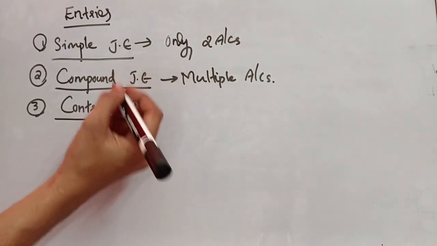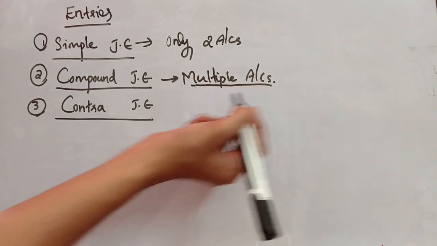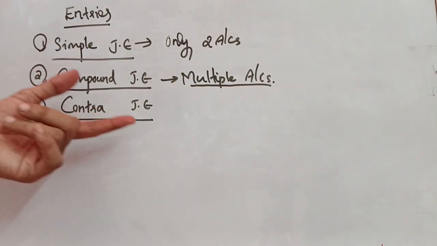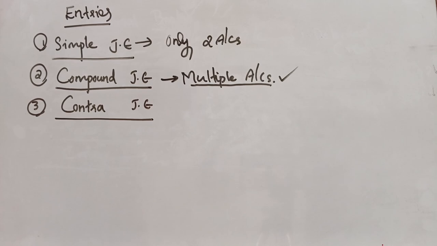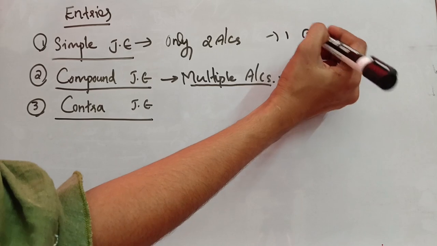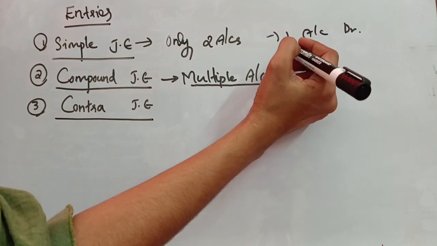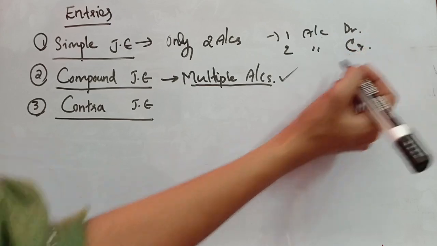A compound journal entry is a kind of entry where the transaction involves multiple accounts. That kind of journal entry is called a compound journal entry. For example, normally one account is debited and a second account is credited, right?